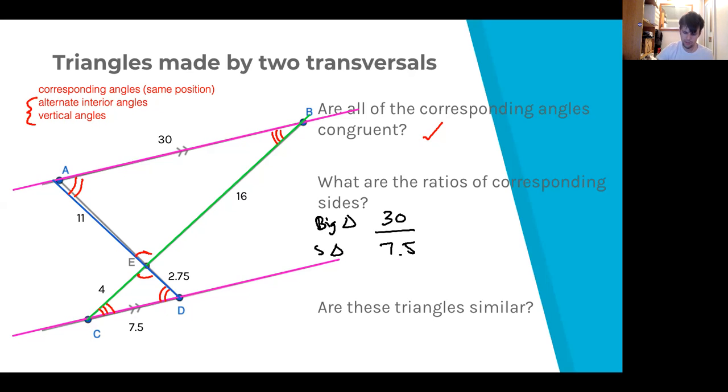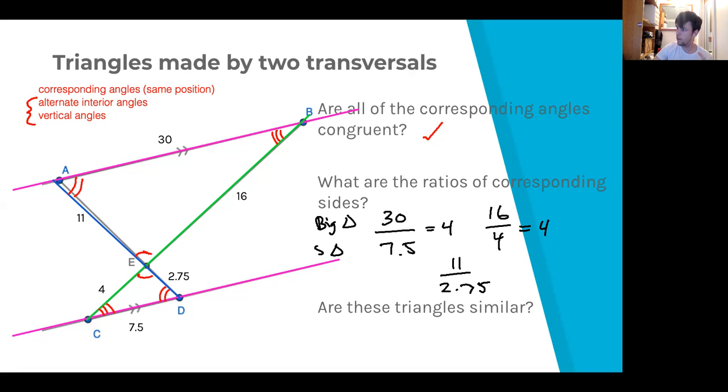I'm going to just divide that. 30 divided by 7.5. Okay, that's actually a whole number. That's 4. 16 would go with 4. 16 corresponds with 4. That also reduces to a whole number, so good to go. Reducing great so far. And then 11 corresponds with 2.75.